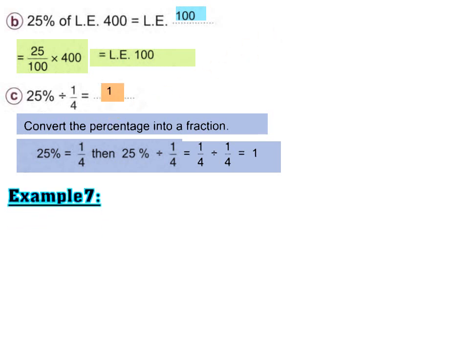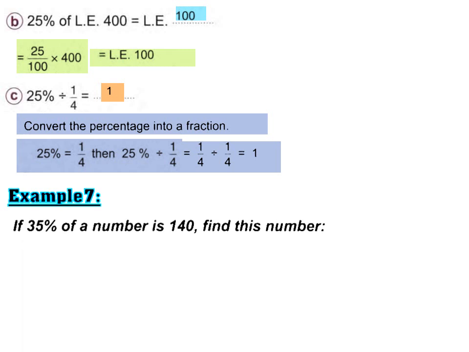Example number 7: if 35% of a number is 140, find this number. They gave me 35% of an unknown number; I don't know the total number. 35% of this total number, whose value I don't know, equals 140.